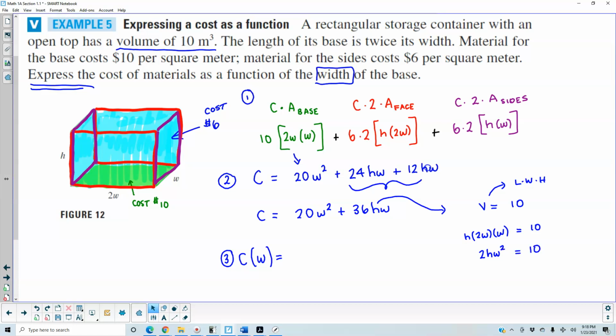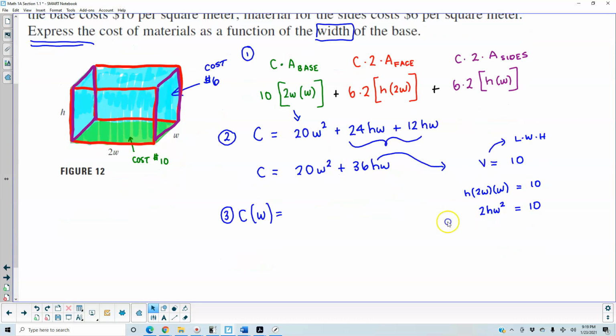What we want to do is solve for h so that we can plug it into that equation. So we're going to divide both sides by 2w squared, and what we get for h is 5 over w squared.